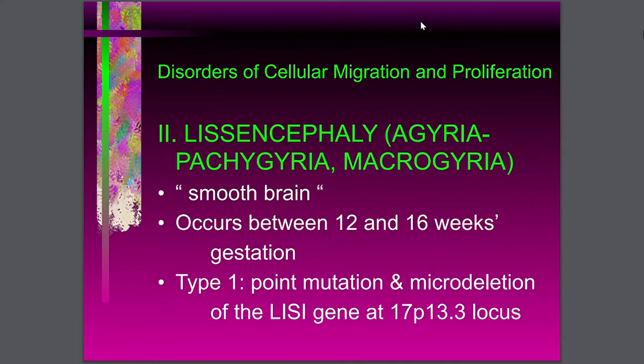So usually in lissencephaly, we call it the smooth brain. So there is a decreased amount of the brain's gyri, no?